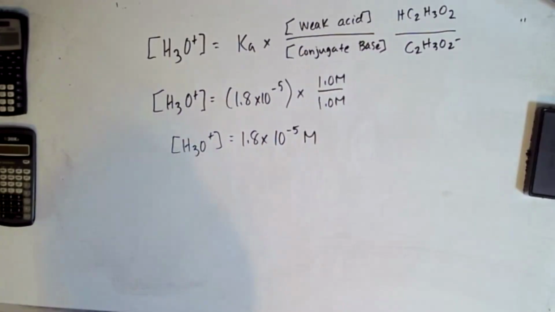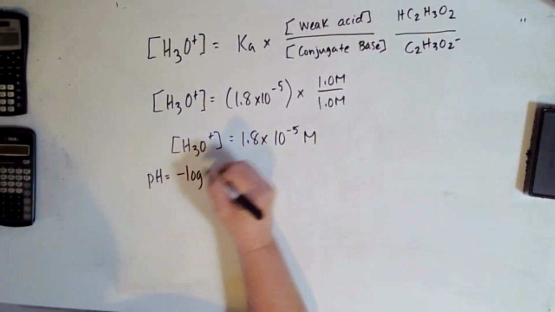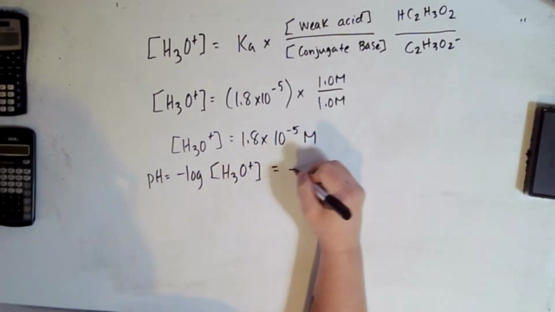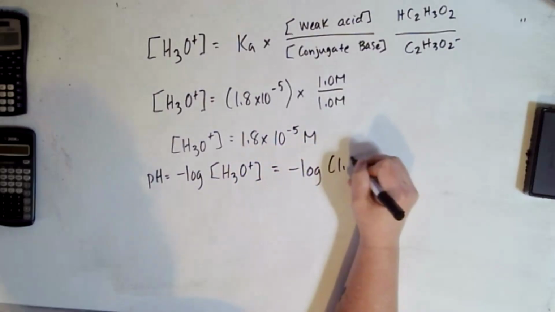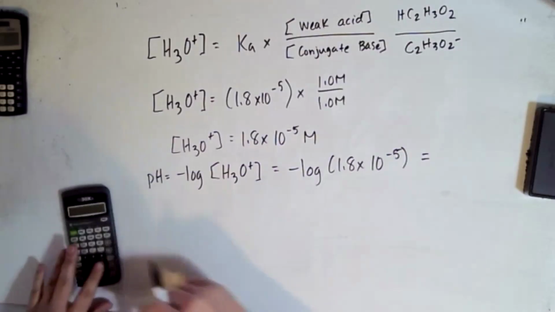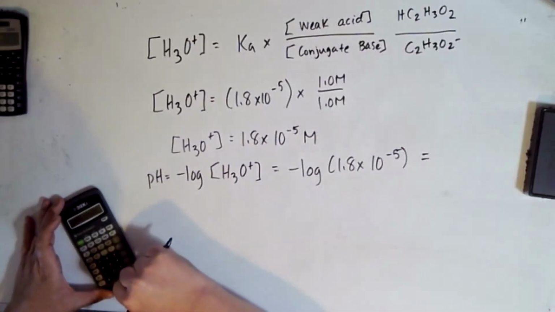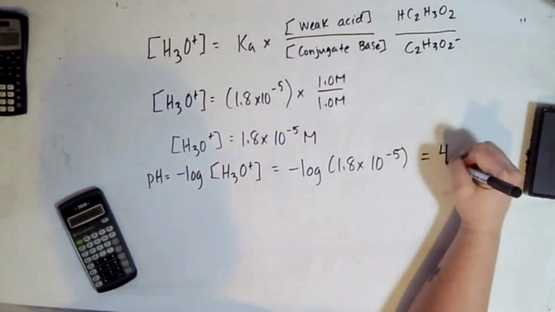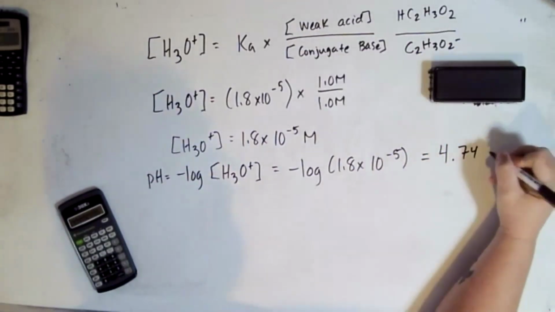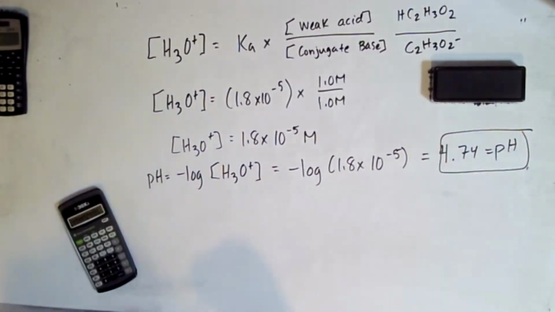Our pH is going to be the negative log of our H3O plus. So it's going to be the negative log of 1.8 times 10 to the negative 5. So the pH of this buffer is 4.74.